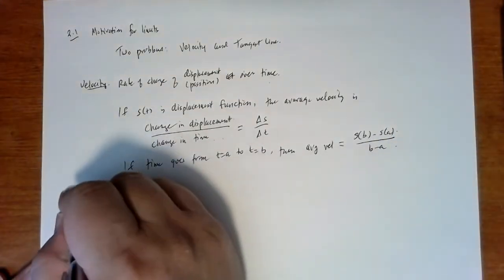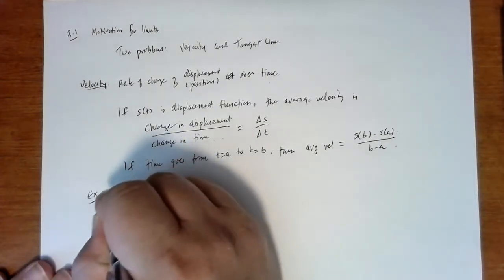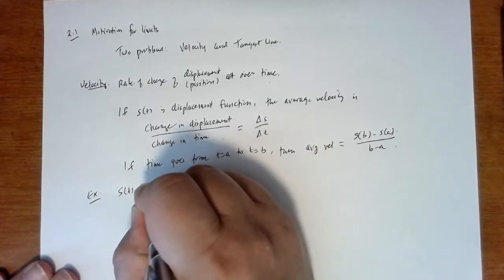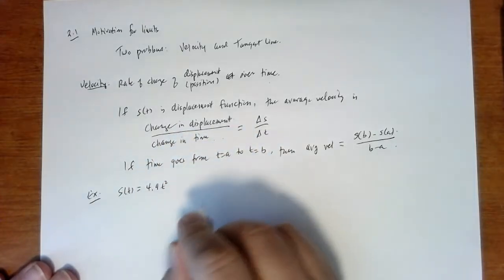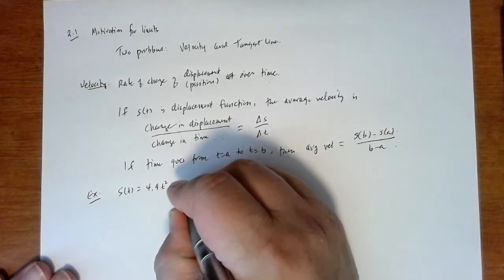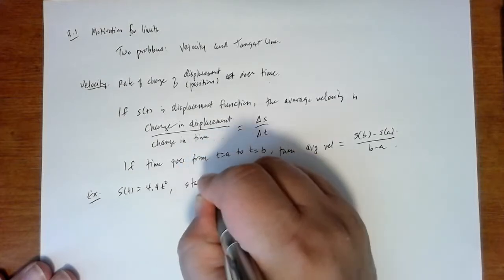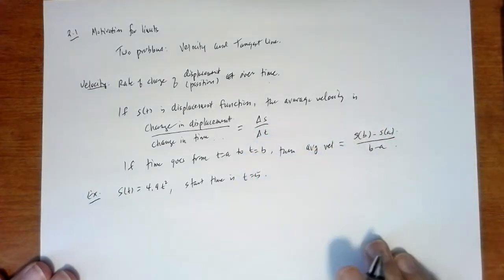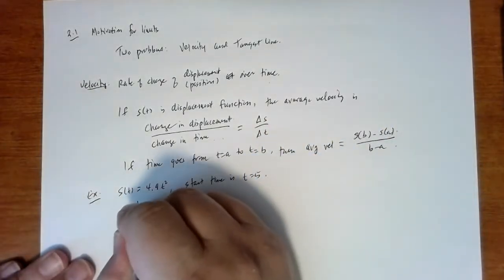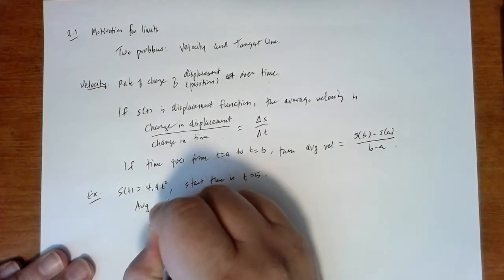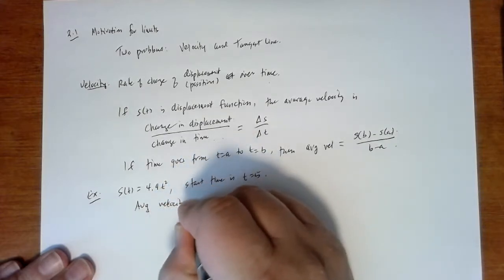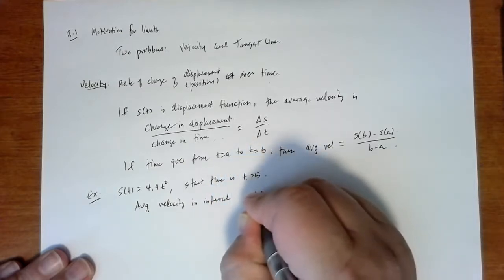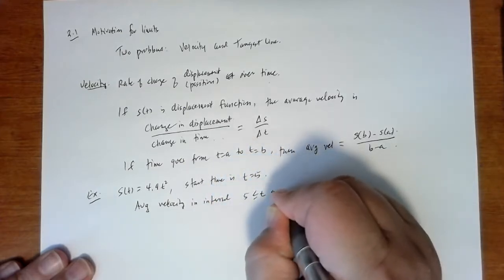And in fact, let's be more specific. Suppose our position function, displacement function, is 4.9 t squared, and we'll say our start time is t equals 5. Then what is the average velocity in the interval where t runs from 5 to 6?